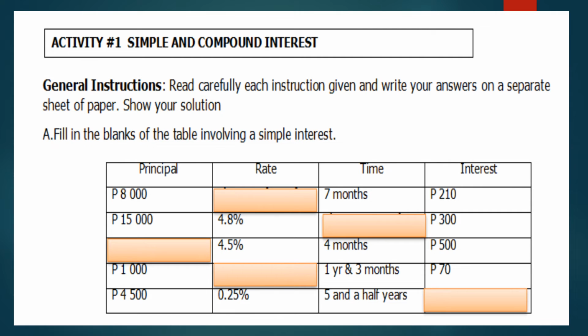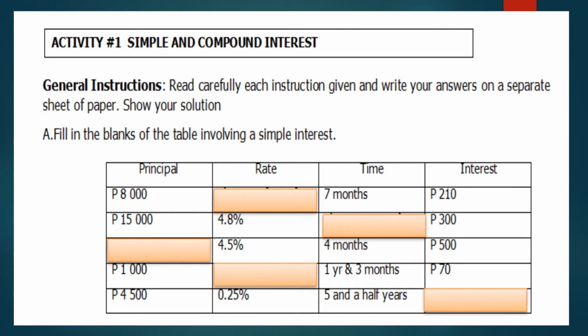Okay, for number 4, you have to identify the rate with principal amount of 1,000 and then the time, 1 year and 3 months. 1 year and 3 months, you have to convert that into months. Okay, and then 70 pesos interest or simple interest.